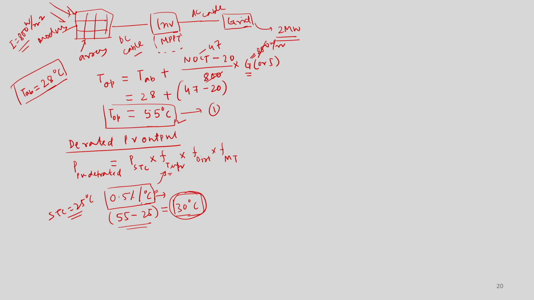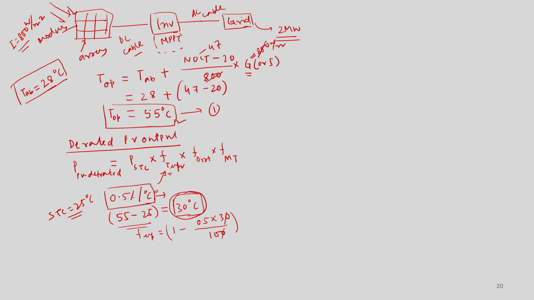As we understand, for every degree rise in temperature there is a decrease of about 0.5%. So, to calculate F temperature, it will be 1 minus 0.5 multiplied by 30 divided by 100%.